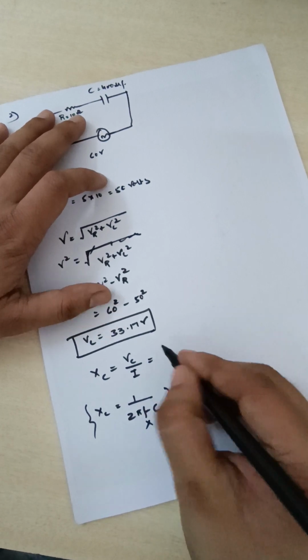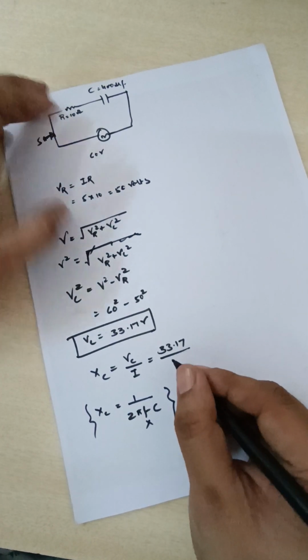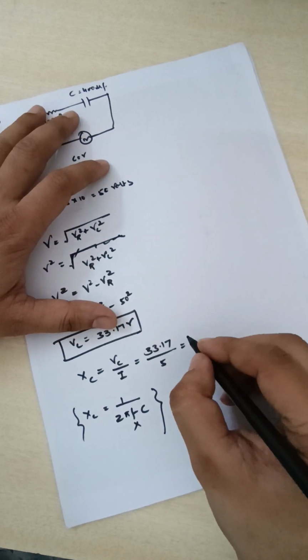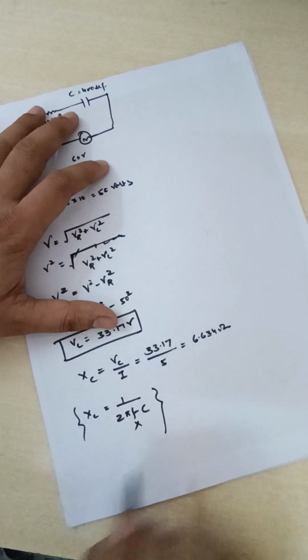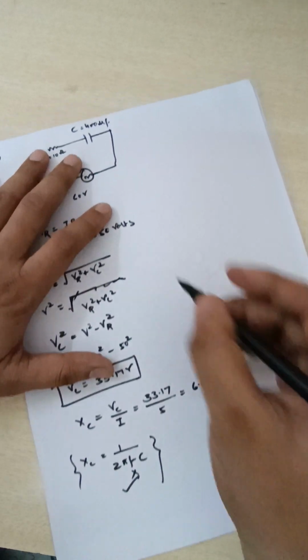Now the value of VC is 33.17, and current is 5 ampere, as it is given in the circuit. So XC will be equal to 6.634 ohms. Clear?